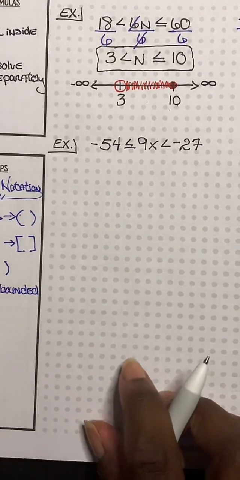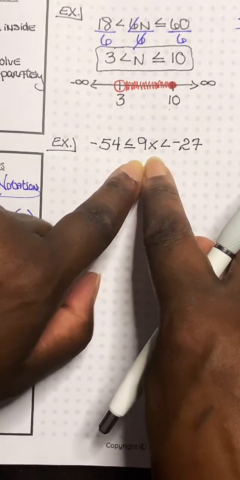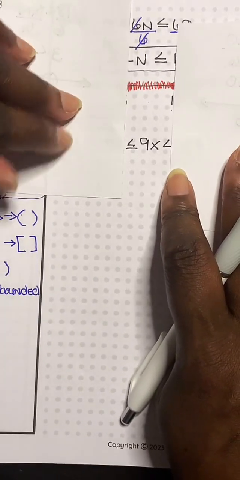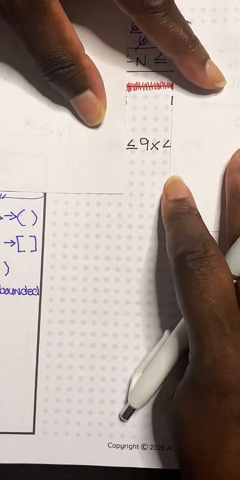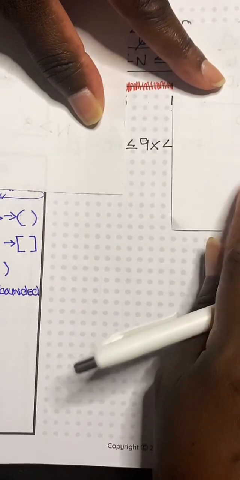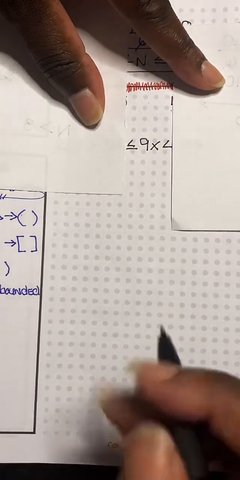Okay, so now we're going to work from the inside out. Our goal is to get our variable by itself in between the inequalities. So we have to get rid of that 9. How are we going to get rid of that 9?